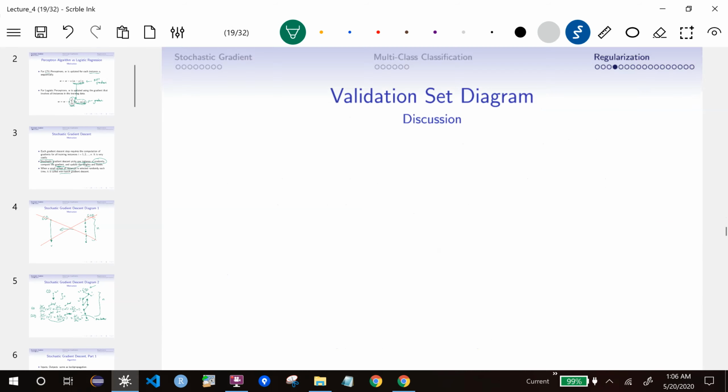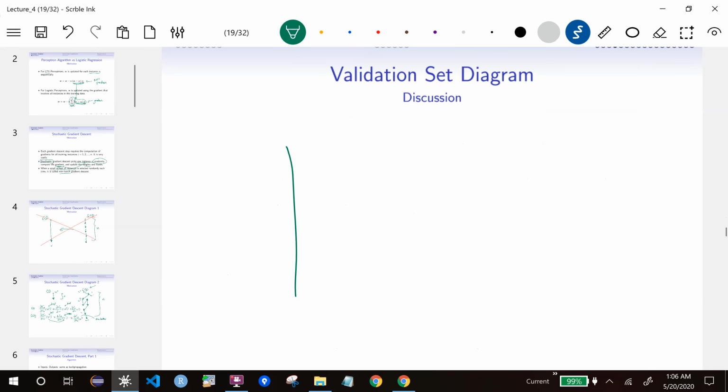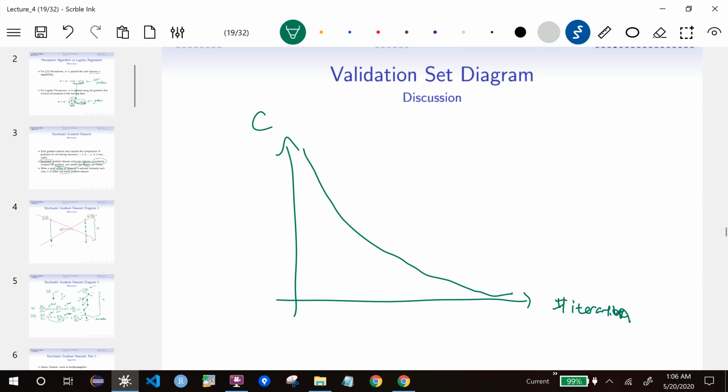So let me use a diagram to explain this. This is the number of iterations, and this is our cost. As I said, if we train and train and train, we will eventually reach 0. And 0 means we are overfitting, we are fitting the training set too well.